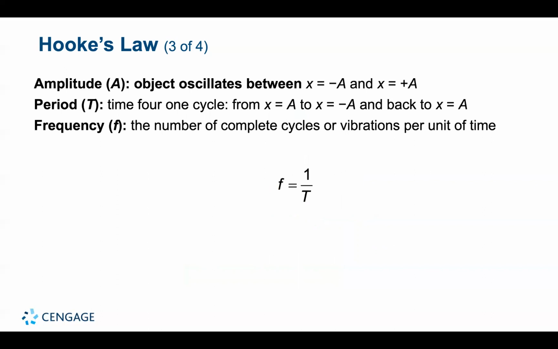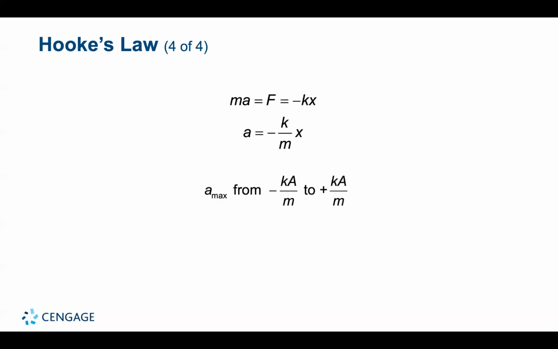The period T is the time it takes the object to move through one complete cycle of motion, from x equals a to x equals minus a and back to x equals a. And finally, the frequency f is the number of complete cycles of vibration per unit of time. Frequency is the reciprocal of the period.